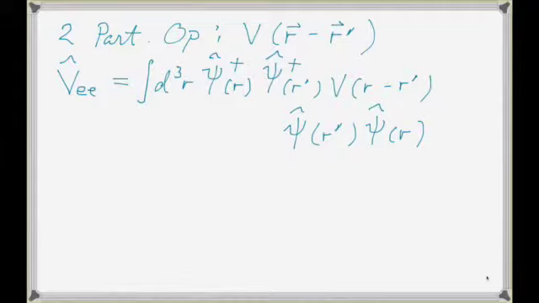And now, the order is important. You have to keep track of the order, because these are all these second quantized operators that have their anti-commutation relationships. So psi of r prime psi of r is different from the swapped order. I guess it would just be a negative sign. You pick up a negative sign if you switch these two guys.